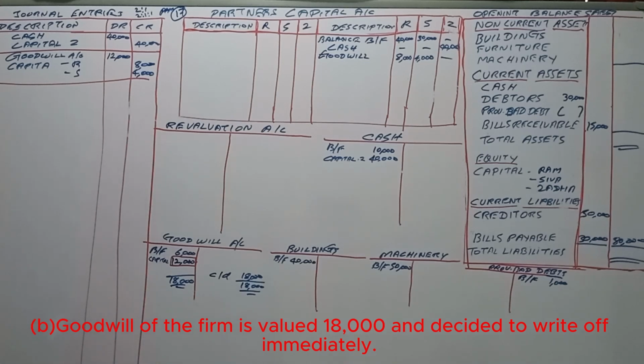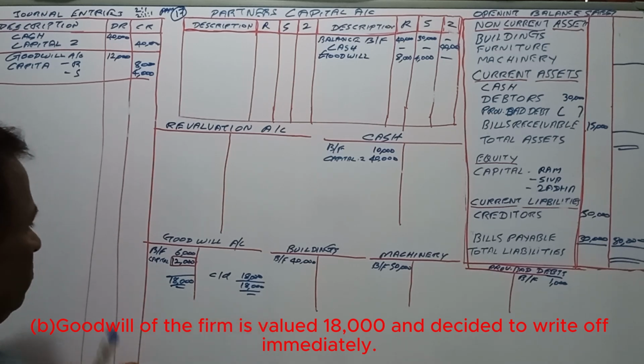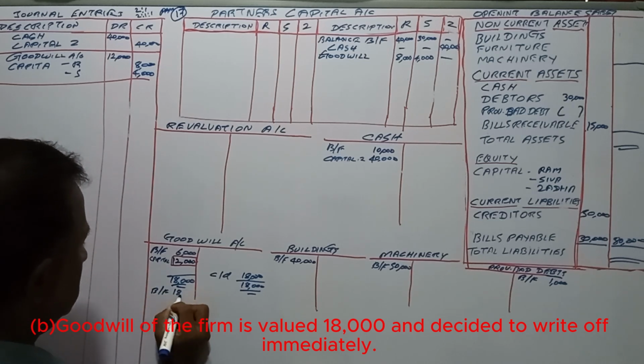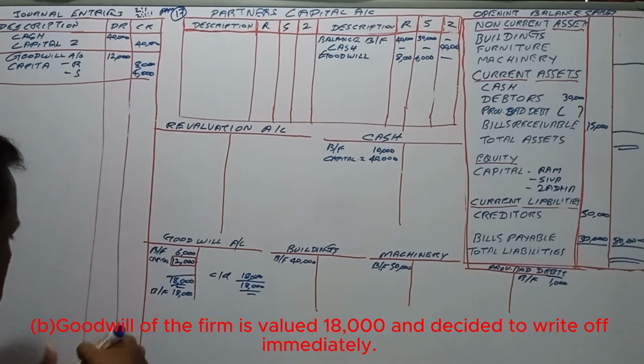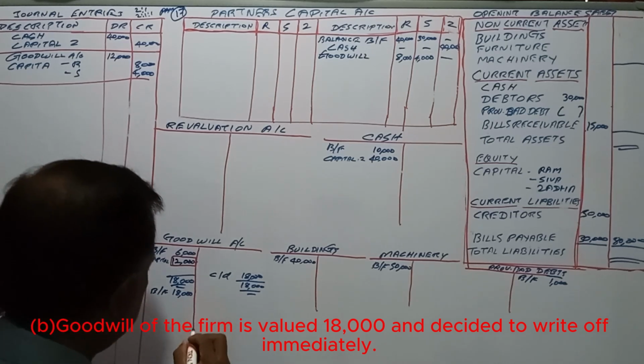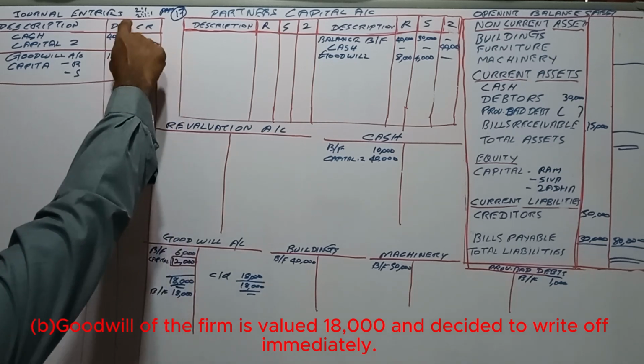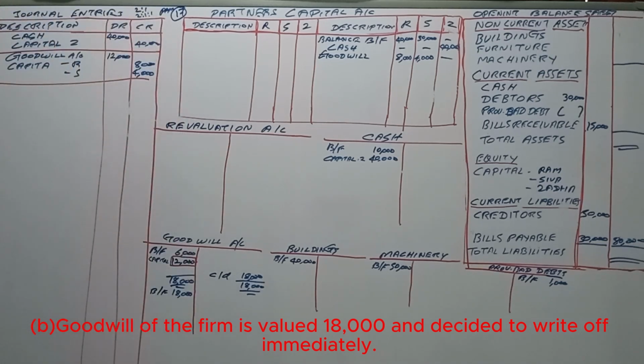Then they decided to write off the goodwill immediately. So the goodwill amount brought forward is 18,000, and they want to write it off immediately. The new profit sharing ratio is 2:1:1.